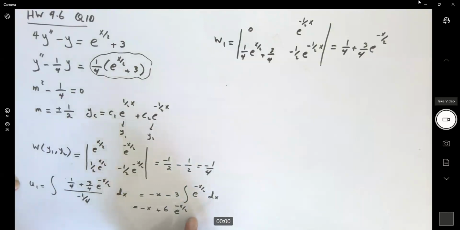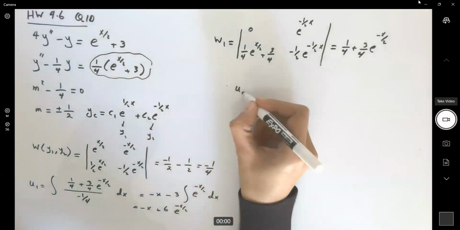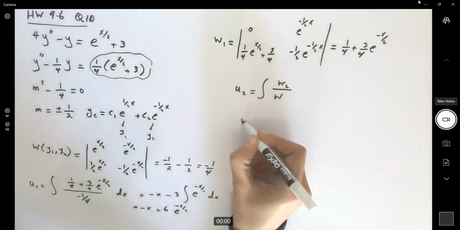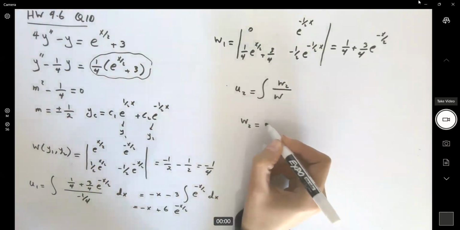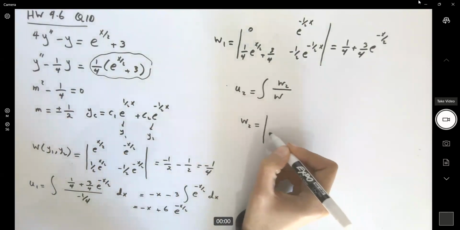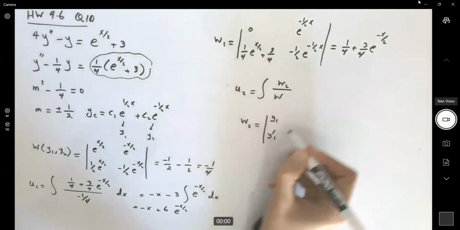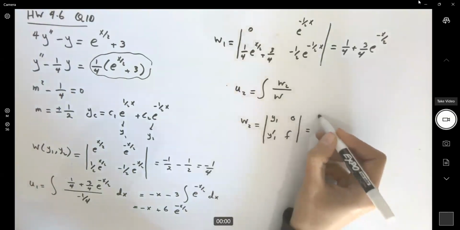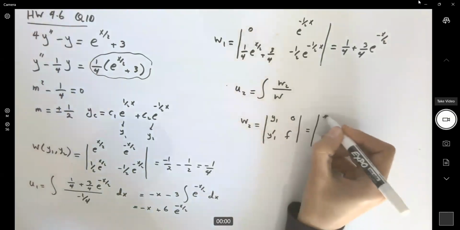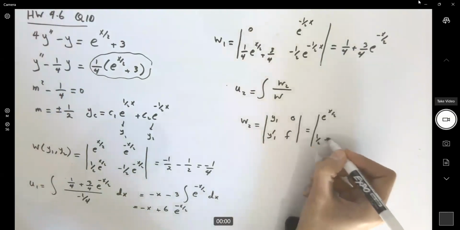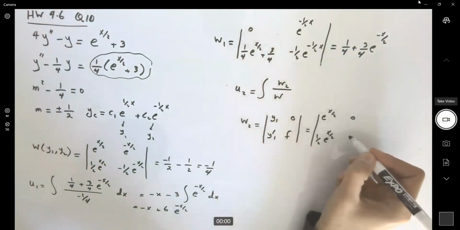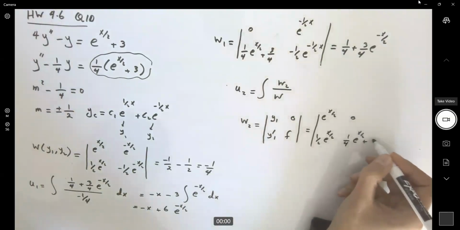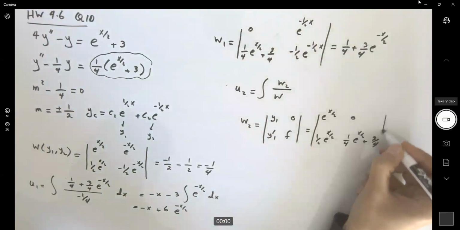Now let us move on and find u2. u2 is the integral of w2 over w, but what is w2? w2 is equal to the determinant. Here we have y1, y1 prime, 0, and f of x. So this becomes e to the power x over 2, a half e to the power x over 2, and 0, and a fourth e to the power x over 2 plus 3 over 4.